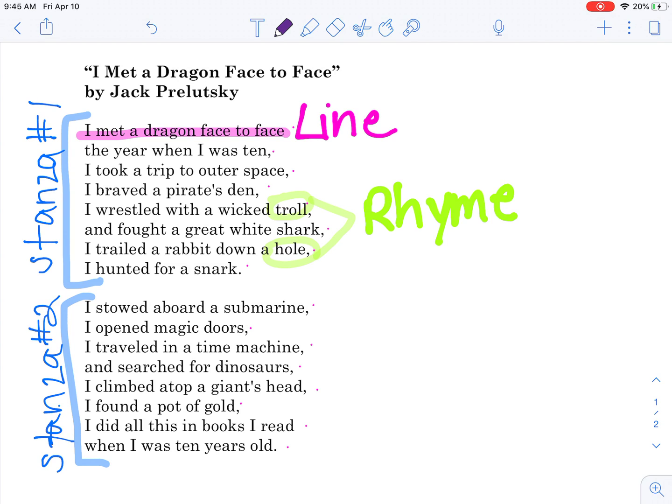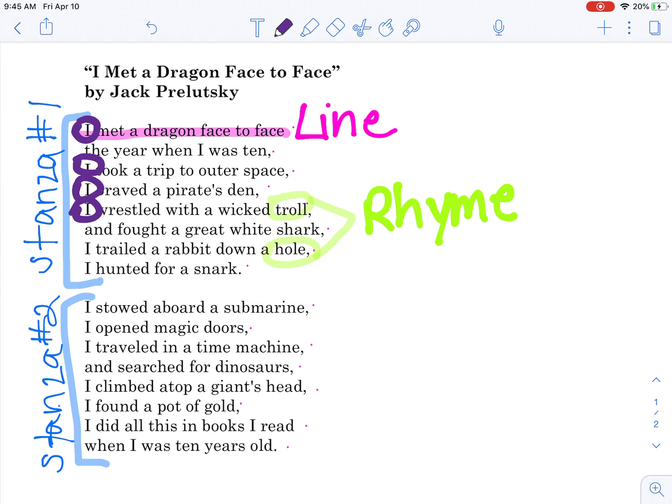Okay, so the first thing I noticed that's repeating over and over again is one word. It's actually a letter, the word I. So notice how I is repeating over and over. That kind of tells me that it has some importance. And the importance that I'm pulling from this is that the author, Jack Prelutsky, is talking about himself.